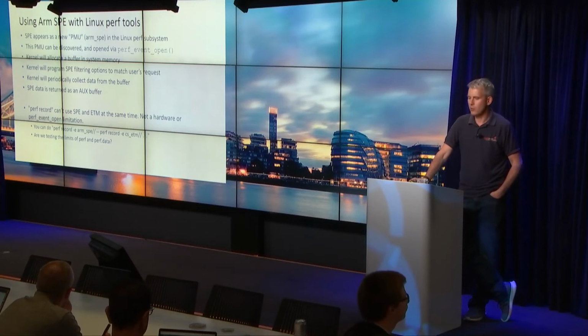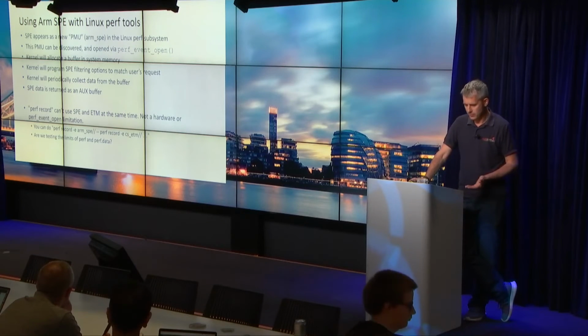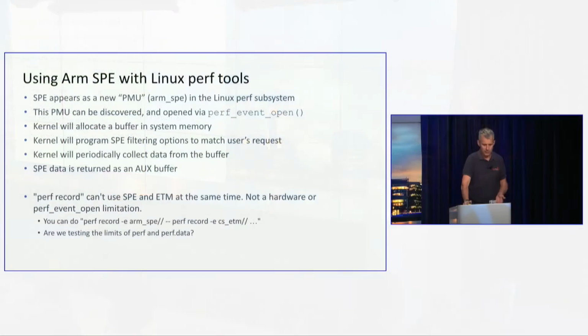So there is an event, ARM SPE. You can open it as an event. But there is a limitation that you can't use this in the same perf command with ETM.